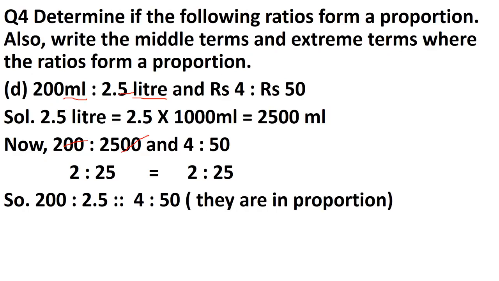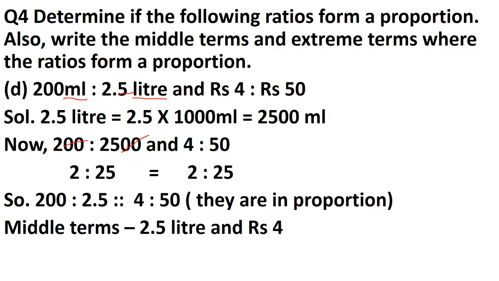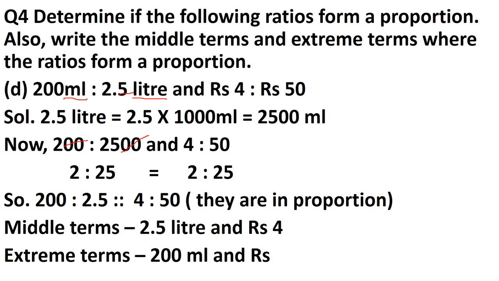If they are in proportion, then you have to tell their middle terms and extreme terms also. Middle terms are 2.5 liter and rupees 4, and extreme terms are 200 milliliter and rupees 50.